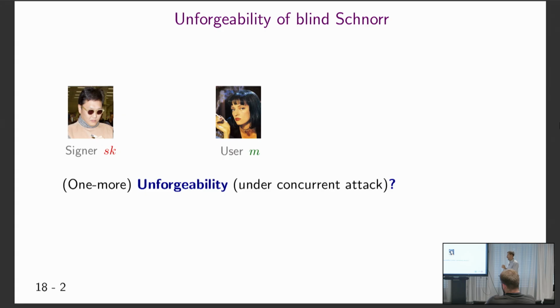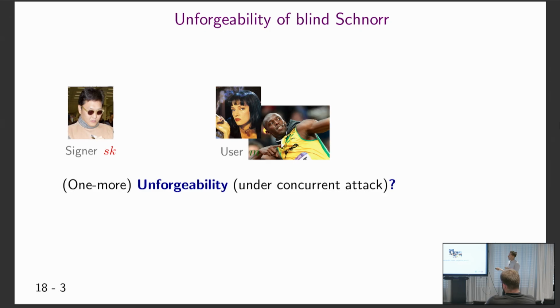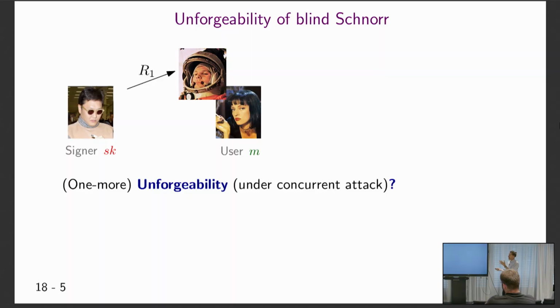And what do we mean by that? Consider the situation: you have the signer and the user, and there might not be just one user, Yuma, that wants messages signed blindly, but there might be many users. There might be Hussein and Yuri, and say Yuri starts, opens a signing session, and then disappears into space.